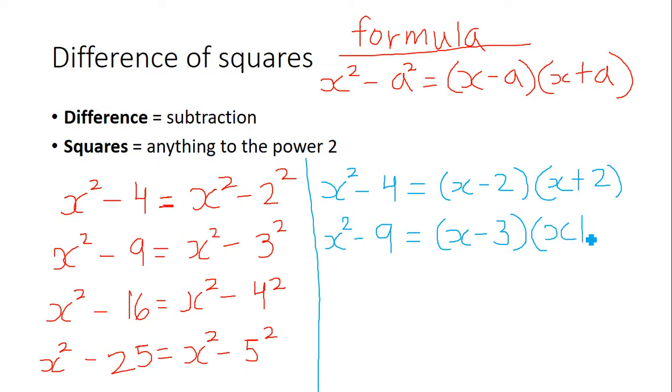Very good. And then if we have something like x squared minus 16, it's going to be equal to x minus 4, and then x plus 4.